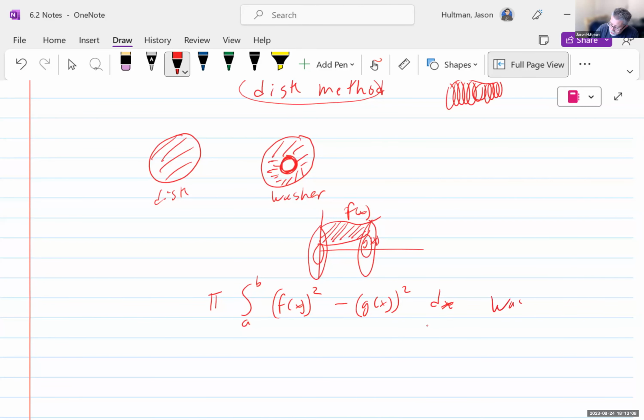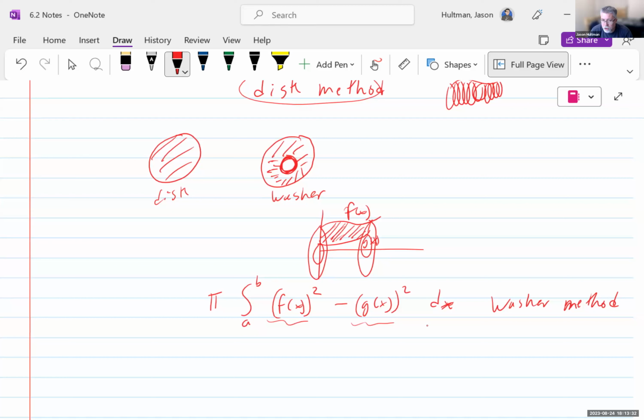This is the washer method. Because basically what we're finding is the volume for f of x, and we're subtracting off the volume for g of x.